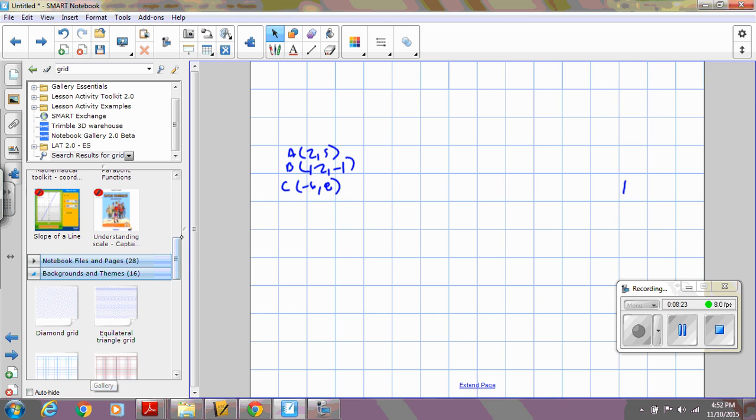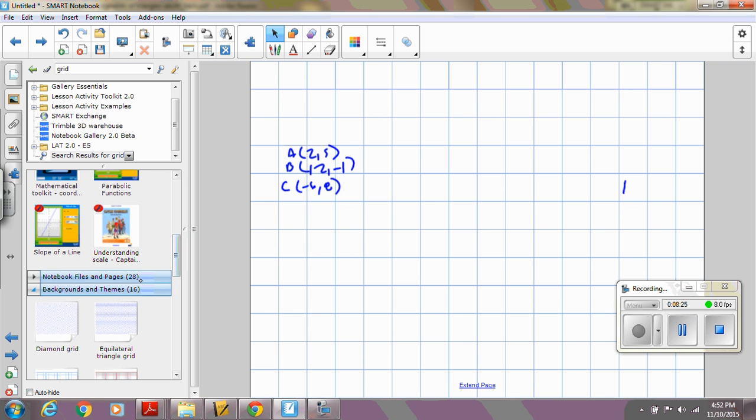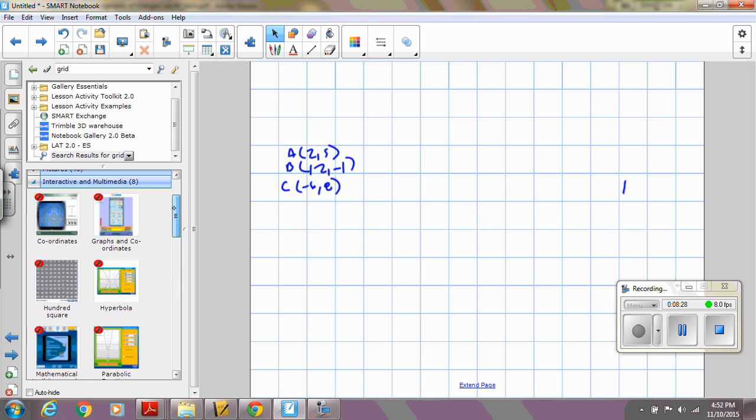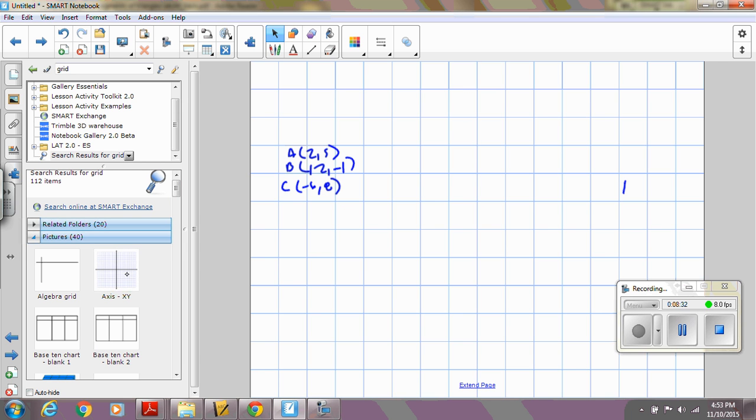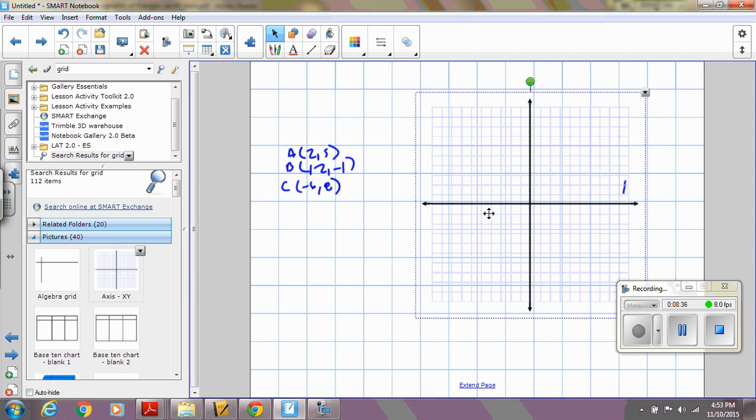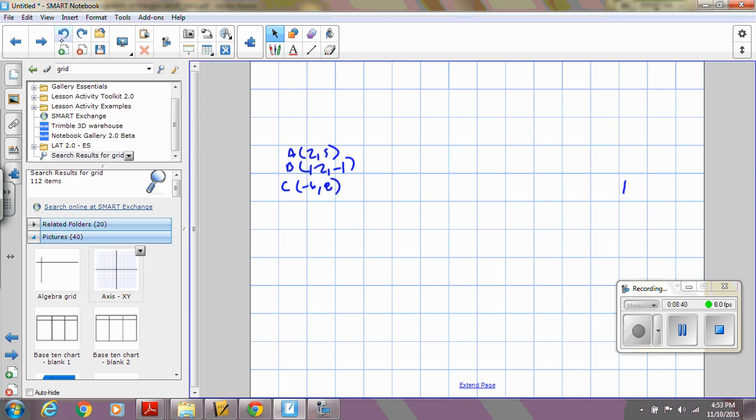Now, let me see if I can find a better grid. That's better. Forgive me. I gotta get rid of the background.